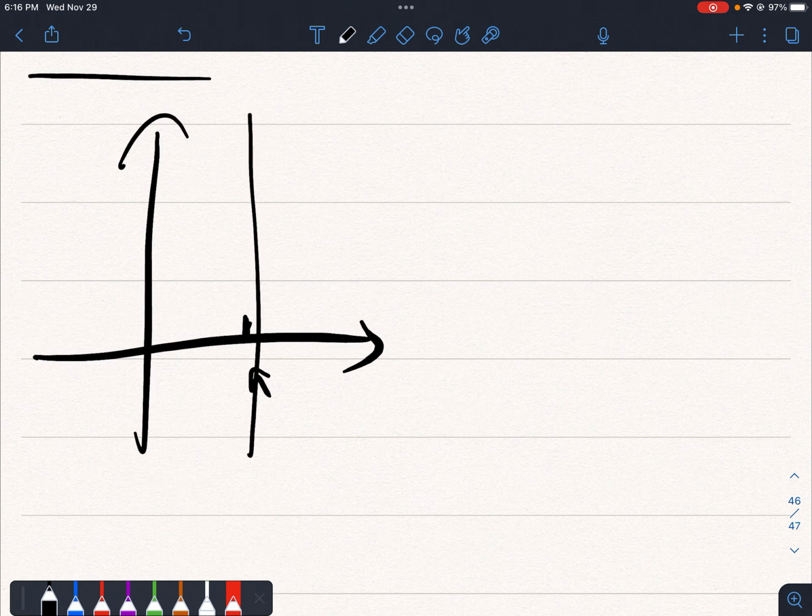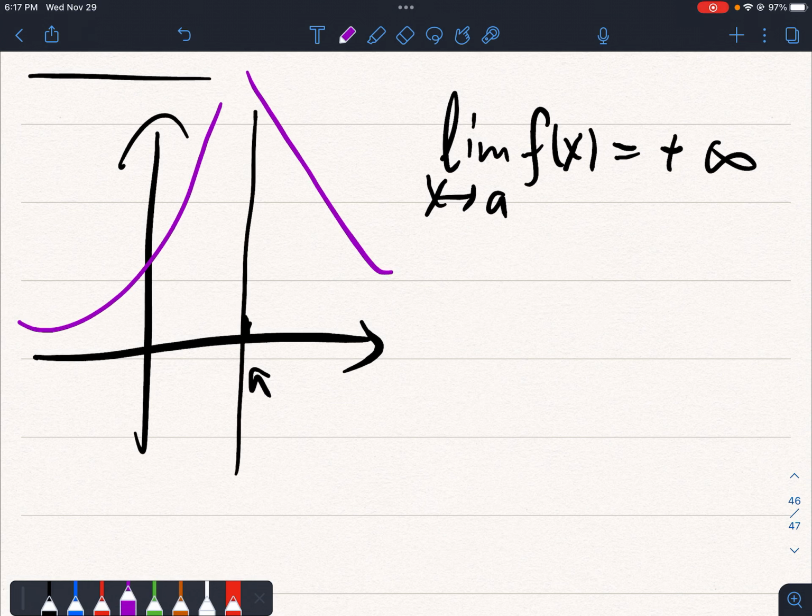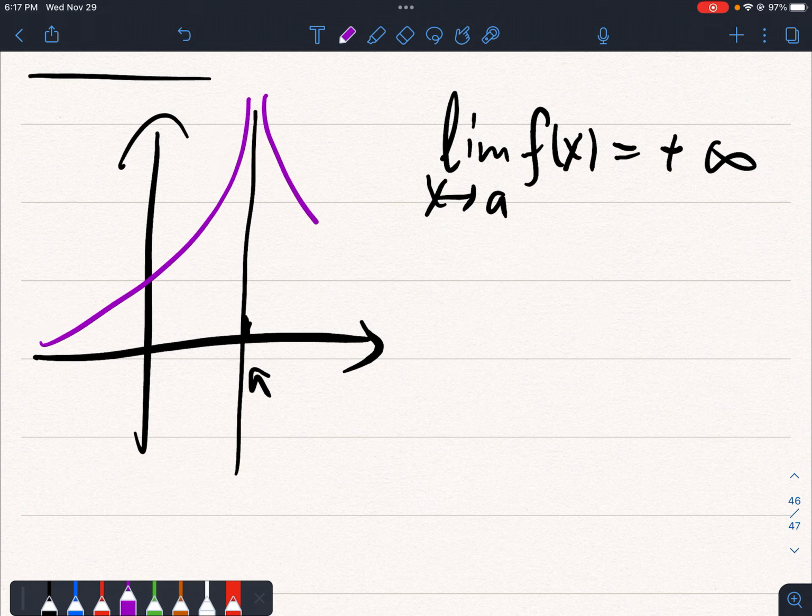So we first look at the case when the limit as x approaches a of f of x equals plus infinity. What it means is that when x approaches a from either the right or the left, then the function will go to infinity. So it will have a vertical asymptote like this.